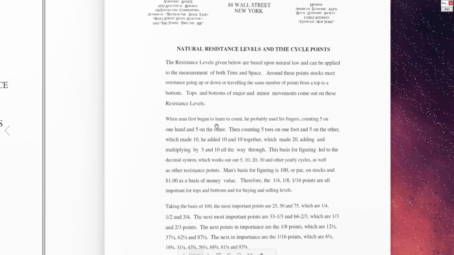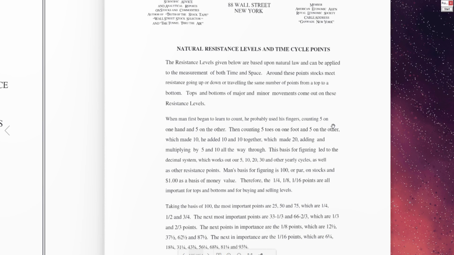When man first began to learn to count, he's talking about the origin or anchor, you might say. He probably used his fingers, counting 1 to 5 on one hand and 5 on the other hand, equals what? 10. Keep in mind.